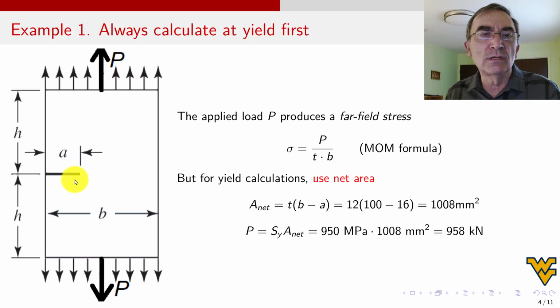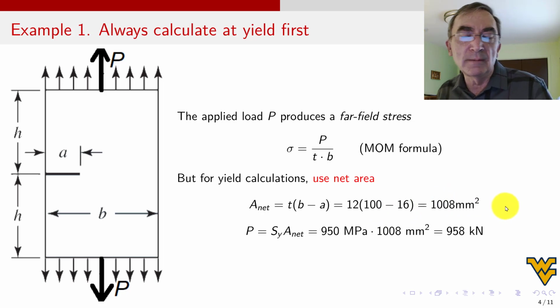So you cannot use the total, nominal area. You have to use the net area, what remains. And what remains is from here to there. So the net area is T times (B minus a), 100 minus 16 times 12, which is 1008 millimeters squared.